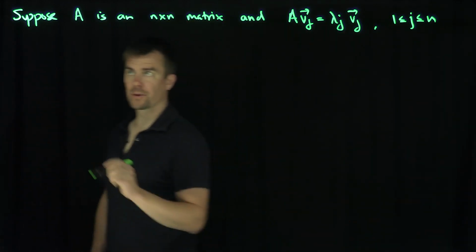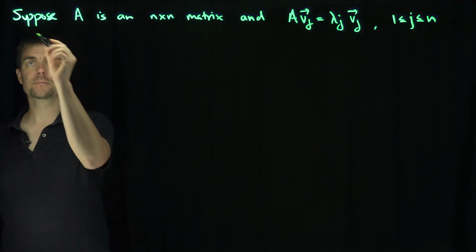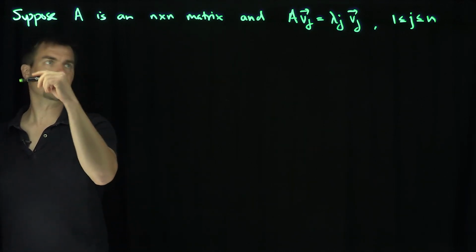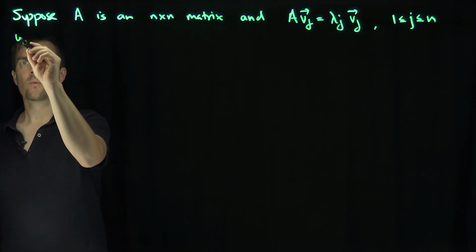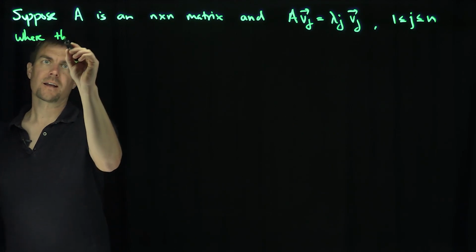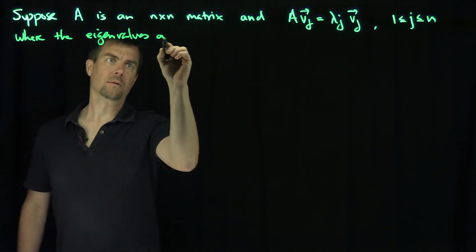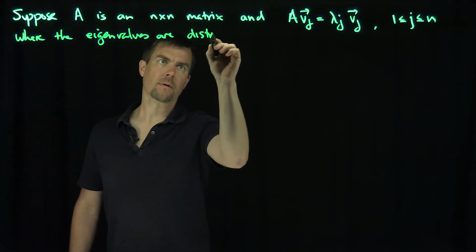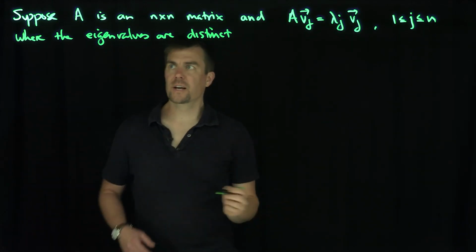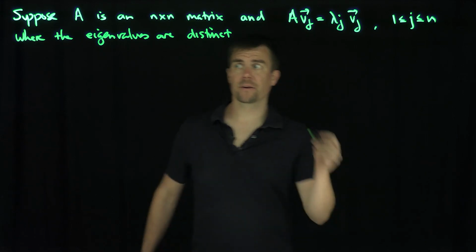And let's just suppose for simplicity that these eigenvalues are distinct. They don't need to be, but for simplicity let's take them distinct. And in this case we can show that the eigenvectors will be linearly independent.